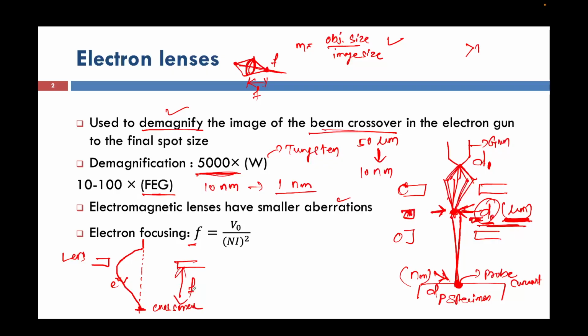Based on this focal length we can depict how much accelerating potential we might need for our electron beam to put onto the specimen, and how much current we need, and that is given by this formula: F is equal to V naught over Ni square. Here F is the focal length, and V naught is the accelerating potential.